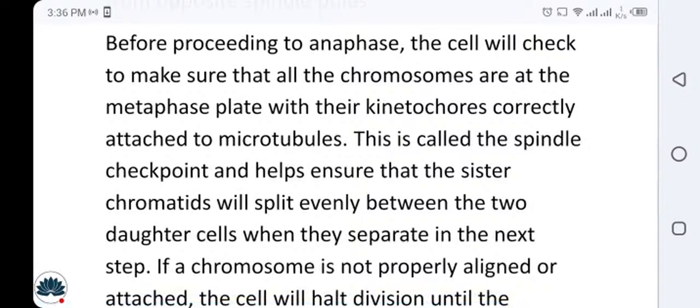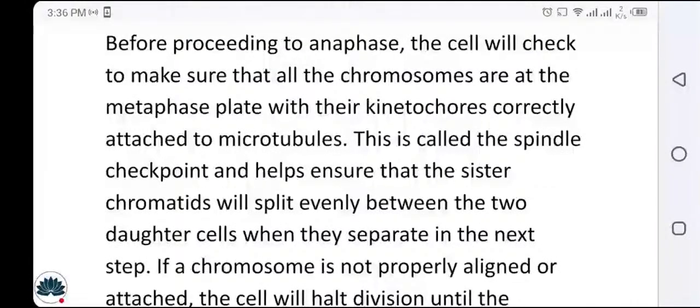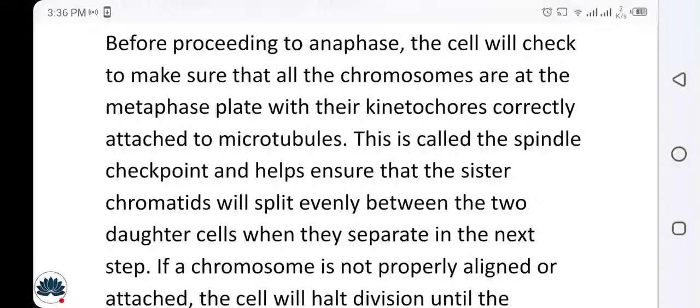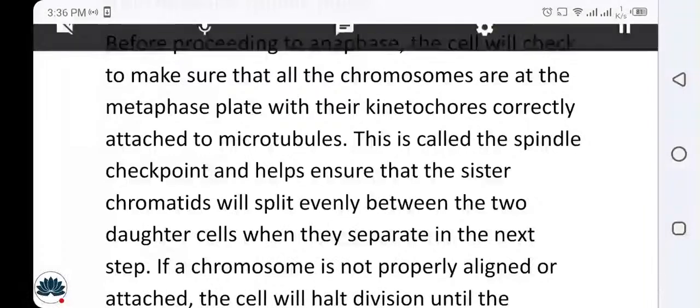This is very essential, because if it is not checked, there may be an equal or unequal distribution of the chromosomes, and this will cause abnormality, and then the cell will obviously not function as it should. All right.